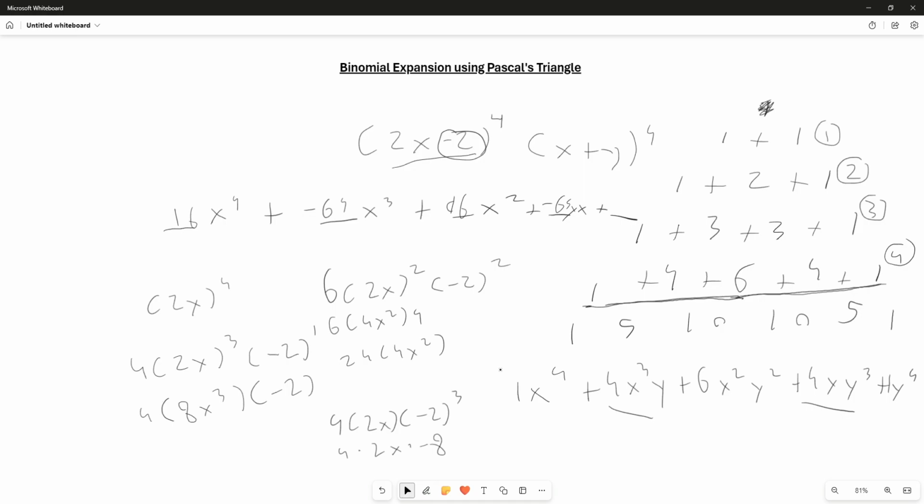Then finally we have just 1y to the fourth. -2 to the fourth gives you 16, so we know that this is just going to be 16.